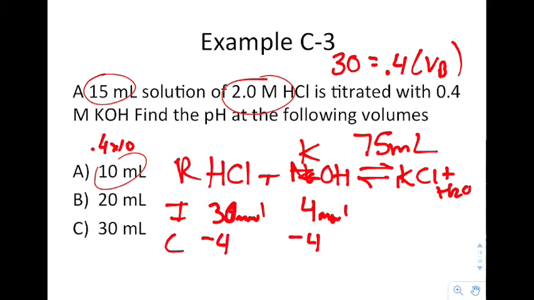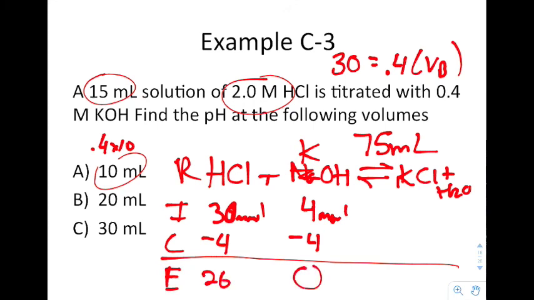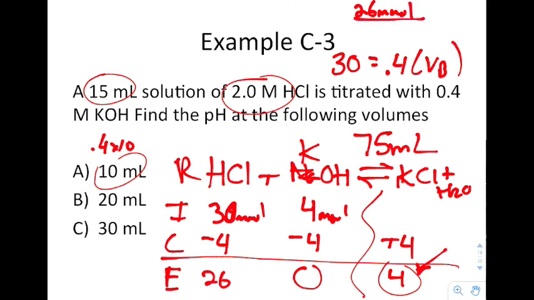30 minus 4 gives us an equivalence of 26. We have right here 0 KOH. On the other side, we do have 4 KCl's that are produced, but that is going to have a negligible effect on the pH because we have HCl as a strong acid. So as a result, you can now say I have 26 millimoles of HCl divided by my total volume.